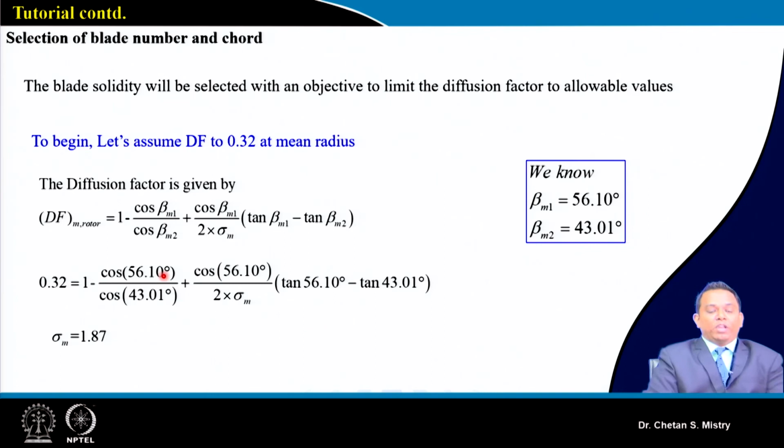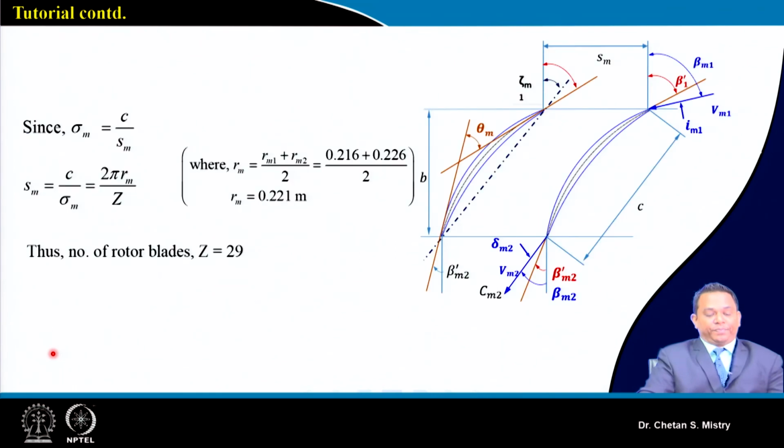We are assuming our diffusion factor to be 0.32 at the mid station. This helps us calculate our solidity. It says my solidity at the mid station is coming 1.87.